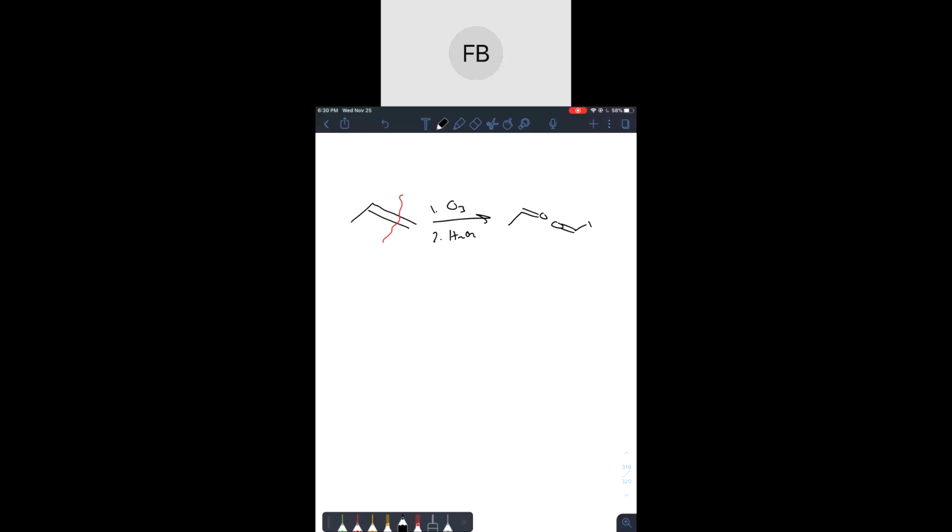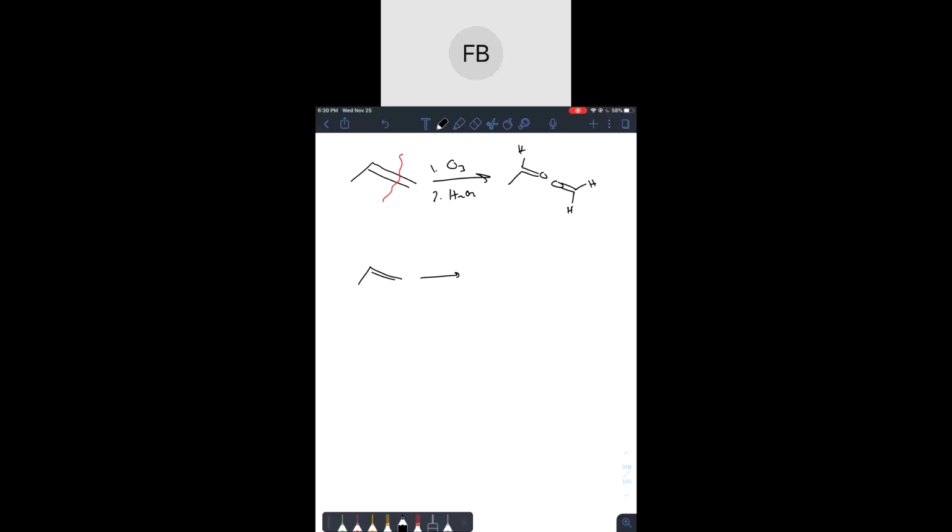If you want to make it look prettier, you should add H's if there's no methyls there. And then the other one that involves 3 O's is epoxidation. It's anything that ends in like CO3, typically with a CO3H.